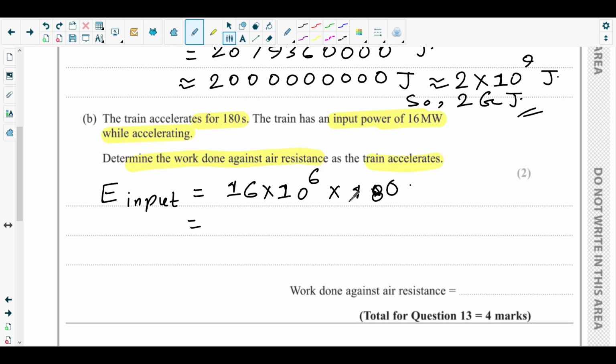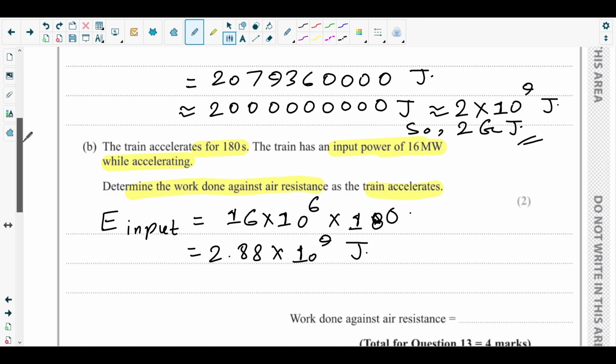That is a huge value, 2.88 times 10 to the power 9 joule. This is the total input energy.